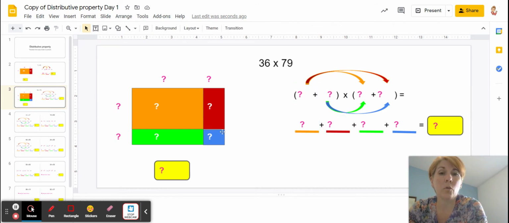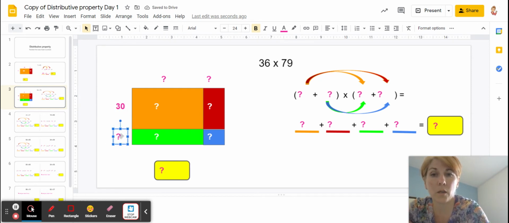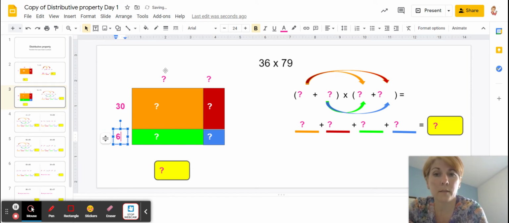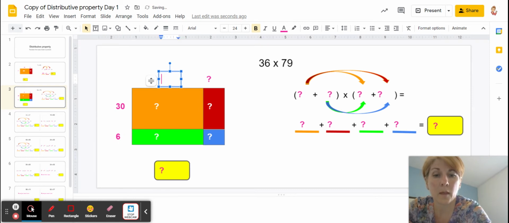If you can go directly into this side here, then go for it. If you would like to figure it out showing this, I'll just demonstrate this one. On the side, I'd be splitting my 36 into a 30 and a 6. And then here would be a 70 and the 9, splitting that second number.